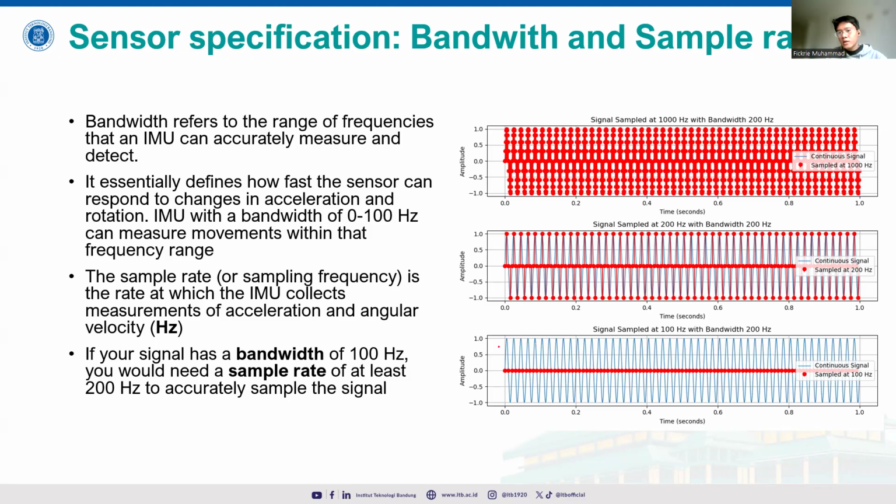That is why it's important to have a higher sample rate for our IMU system when we have specific specifications.